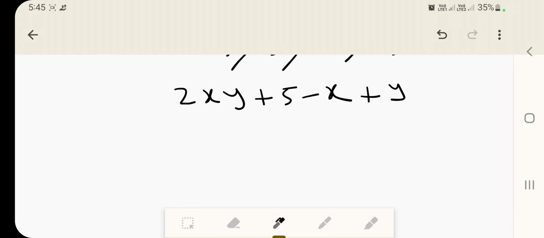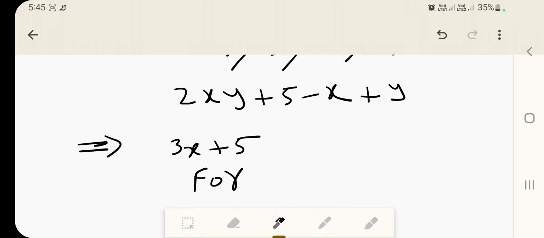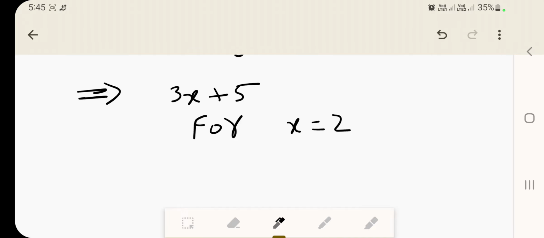For example, if you take another expression like 3x plus 5, and consider a specific value x equal to 2, we get the expression value 3 into 2 plus 5.